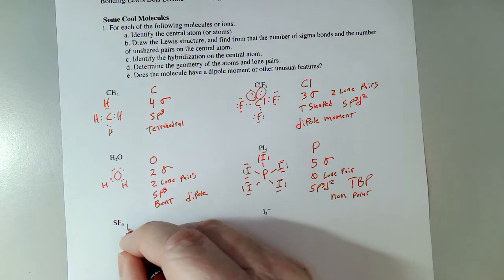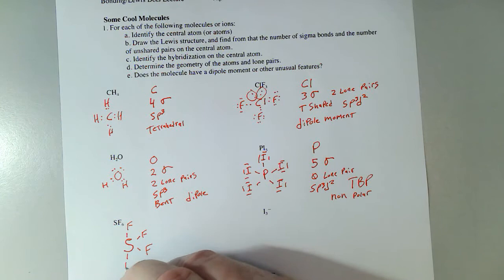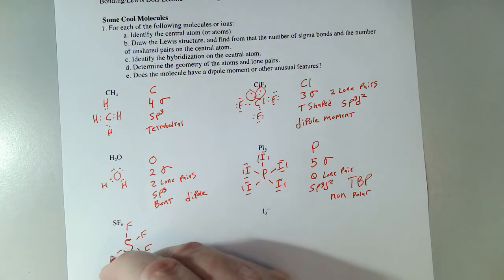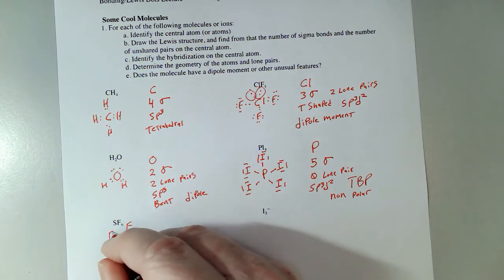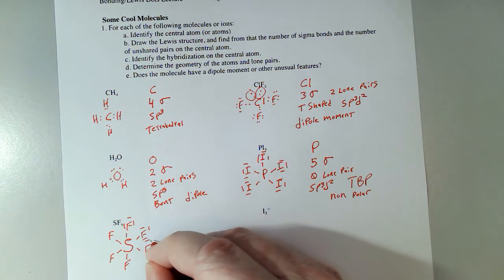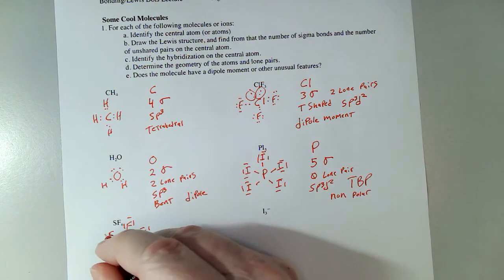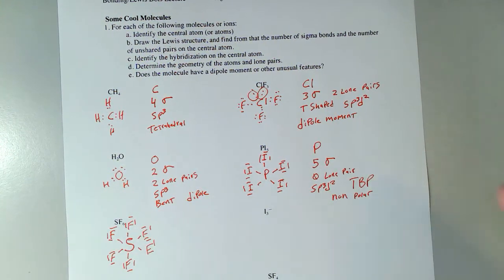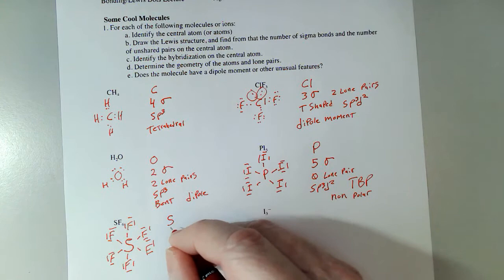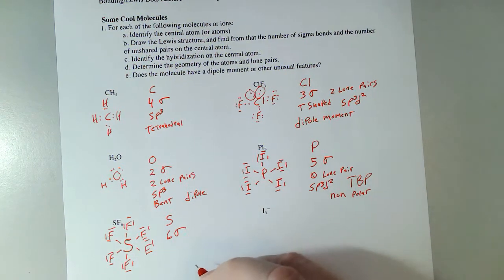Now this sulfur has 6 fluorines attached to it. Fluorines all have their lone pairs. Sulfur in the middle. There's 6 bonds, so we'll call it 6 sigma bonds. Okay.